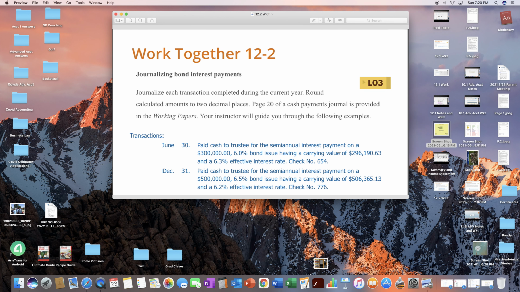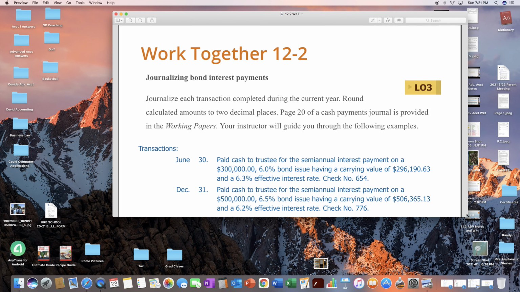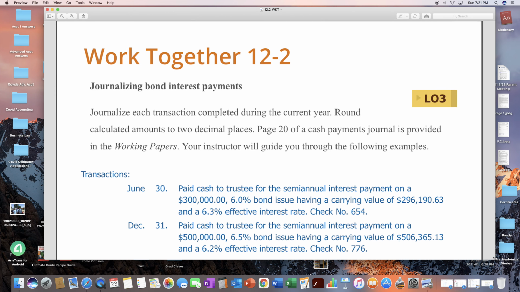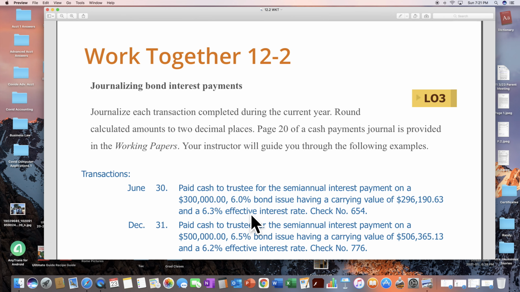Now, as we're looking at things, here are the directions for 12.2. It says paid cash to trustee. This is the work together. We paid cash to trustee for a semi-annual interest payment on a $300,000 6% bond having a carrying value of $296,000 with a 6.3% effective interest rate. So if you were to take notes, you just got to make sure you know what you're doing.